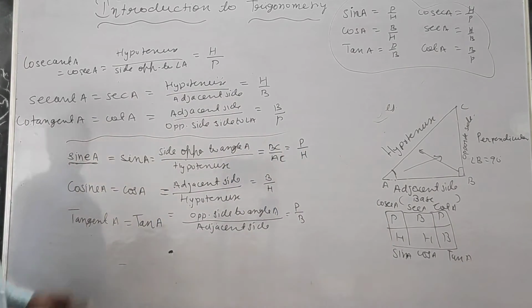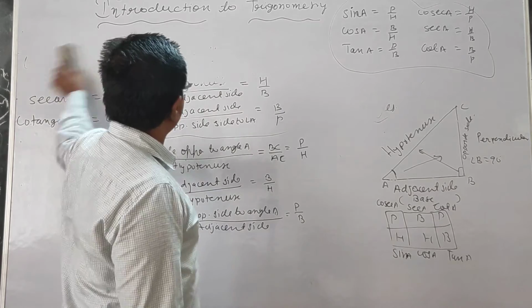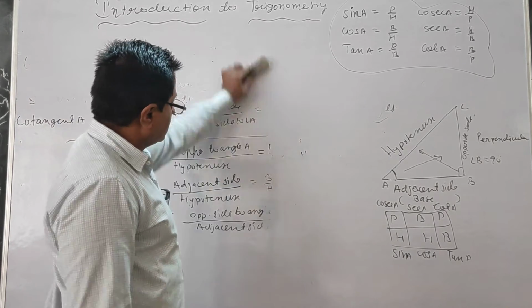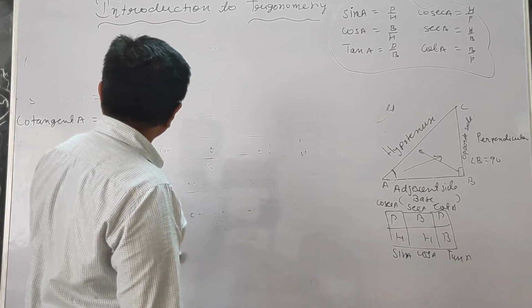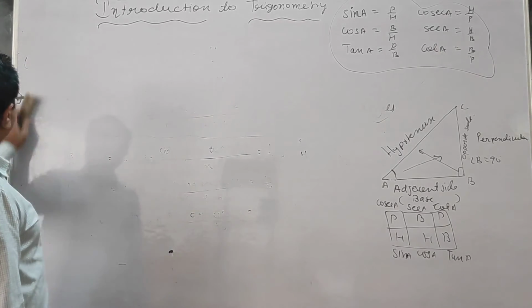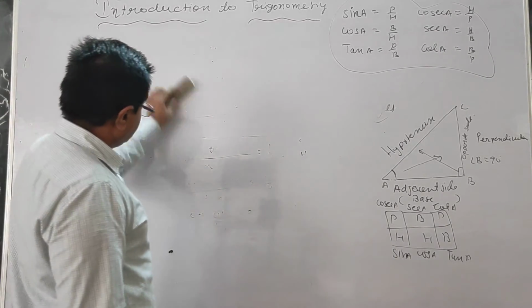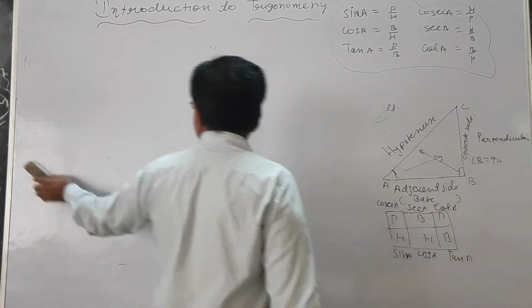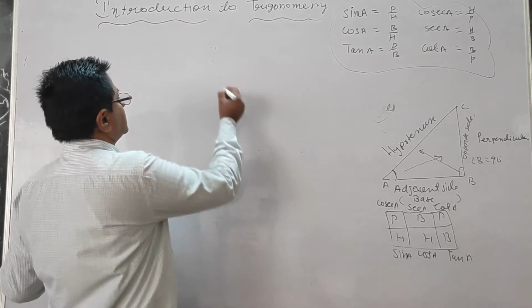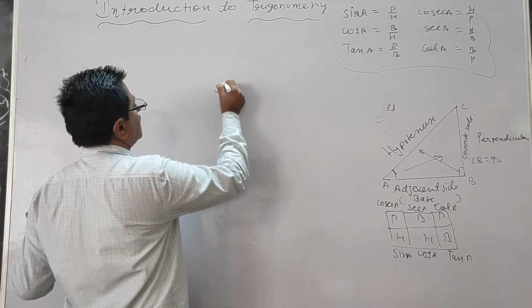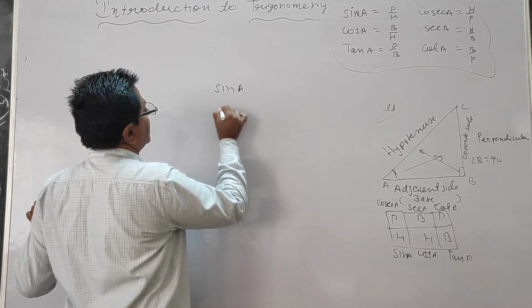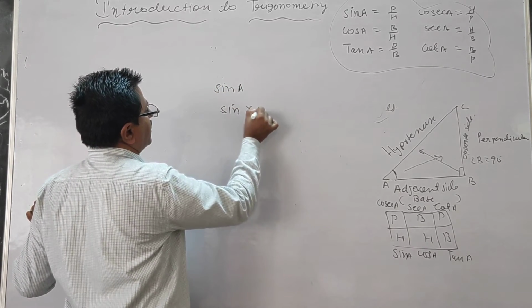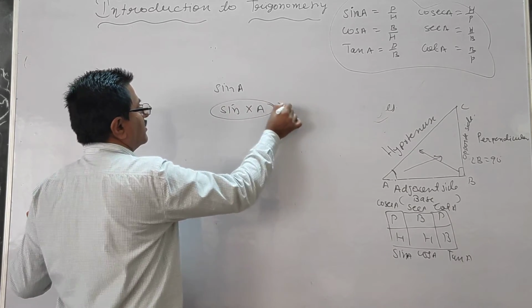Now you have to always remember this formula. When we use sine A, cos A or tan A, we have to be very careful. If you are writing sine A, it is not a multiple of sine and A. That is wrong.